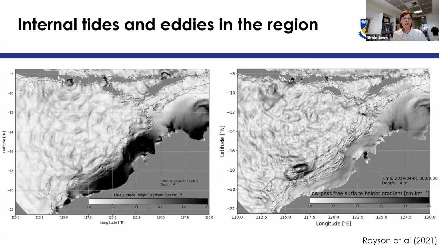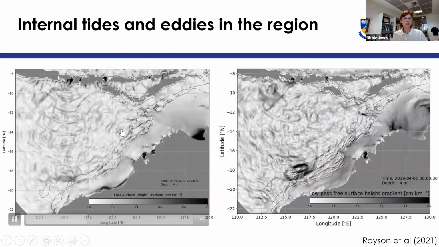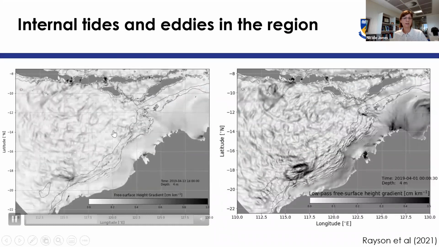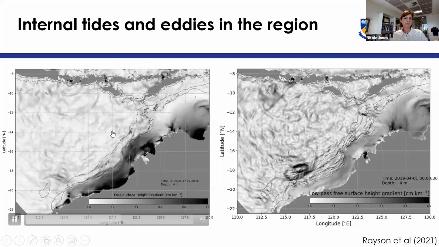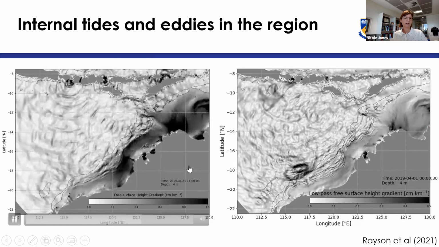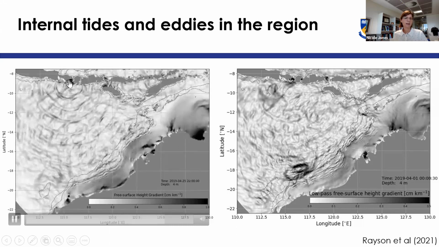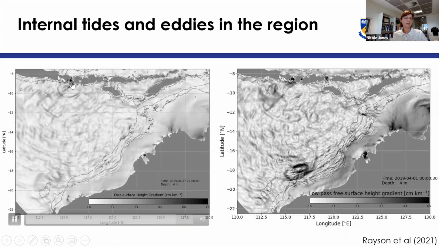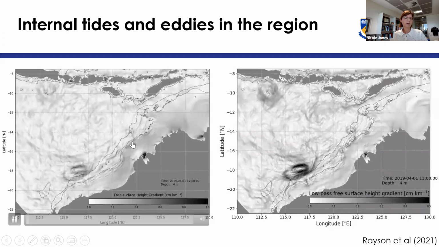So this is a numerical simulation that shows all of the dynamics that are occurring in this region. So what you're looking at is the free surface height gradient. So you can see internal tides radiating from these regions around the Indonesian archipelago that make their way all the way across.